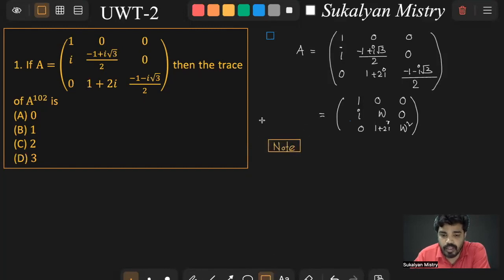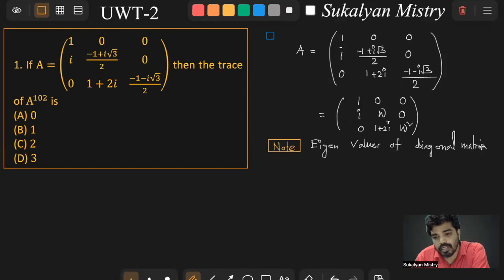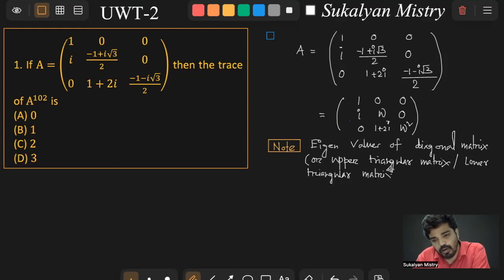Eigenvalues of diagonal matrix or upper triangular matrix or lower triangular matrix are its diagonal elements.